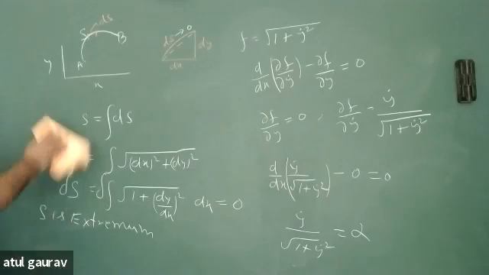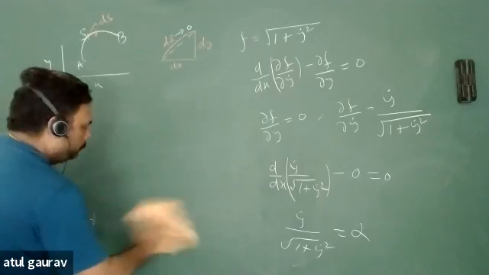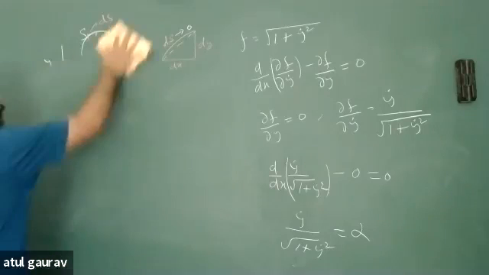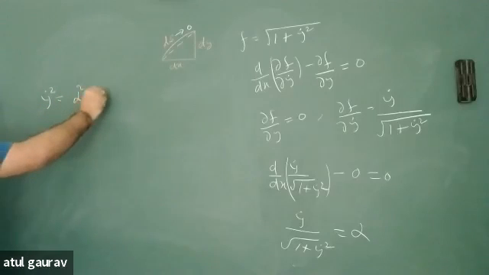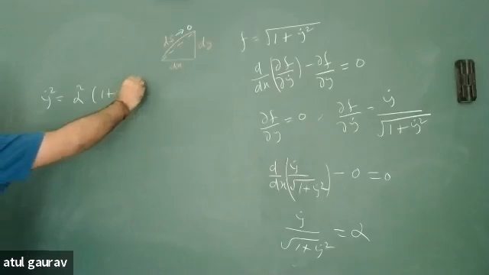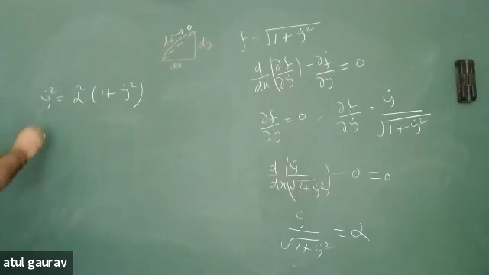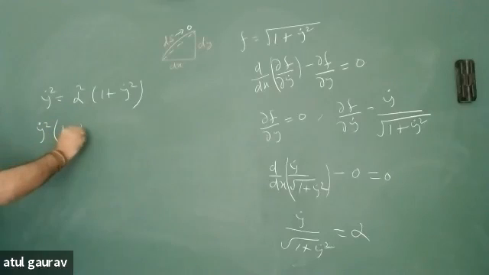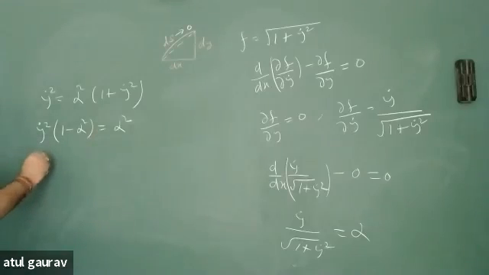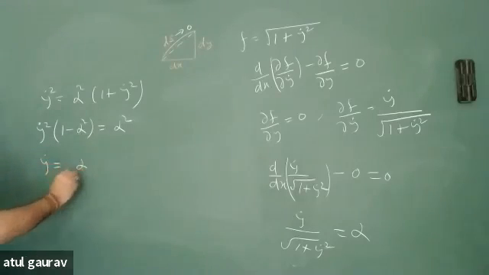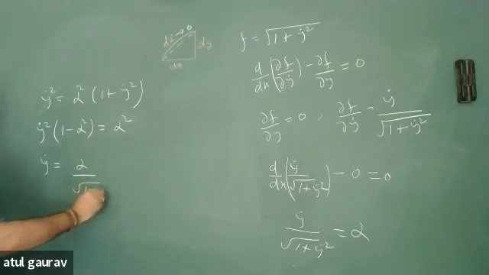Now, when we are using this, we can solve for y dot. I am squaring both sides: y dot square equals alpha square times 1 plus y dot square. Now I will collect y dot square, and this will be 1 minus alpha square, equal to alpha square. So I can write y dot is equal to alpha by root under 1 minus alpha square.